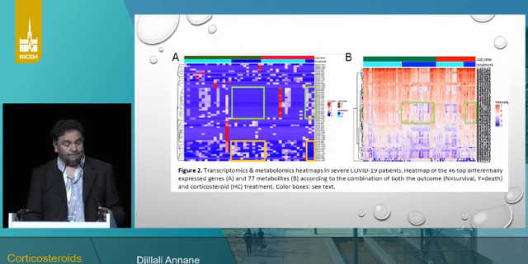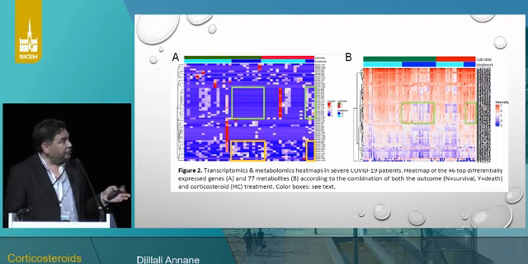And finally, this is my last slide, preliminary data on transcriptomic data and metabolomic signatures. So basically this is outcome, green survival, red death. This is treatment, hydrocortisone, no hydrocortisone.